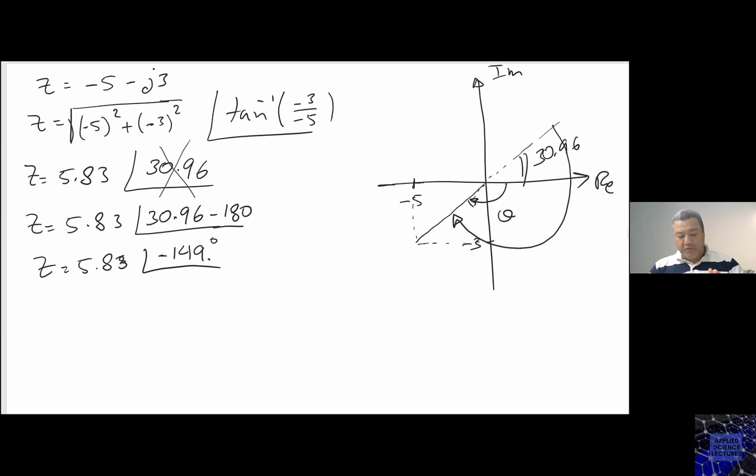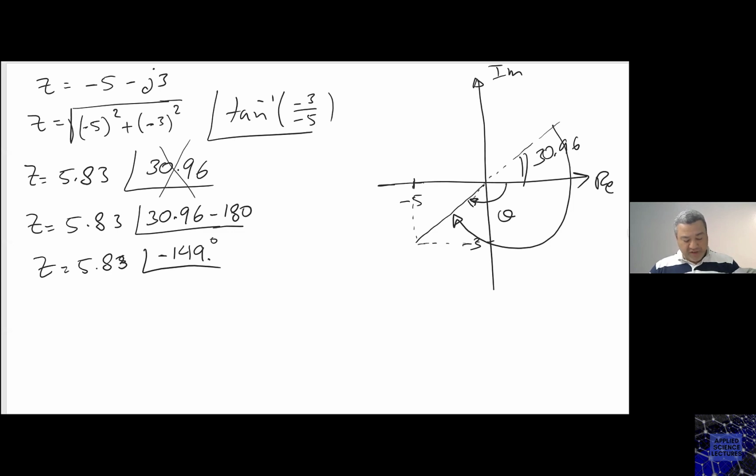So when you have those two cases, if you get a positive, you subtract 180 degrees. If you get a negative, you add 180 degrees. But make sure that you got your angle right in the corrected quadrant, the quadrant that you were expecting your calculation to be.